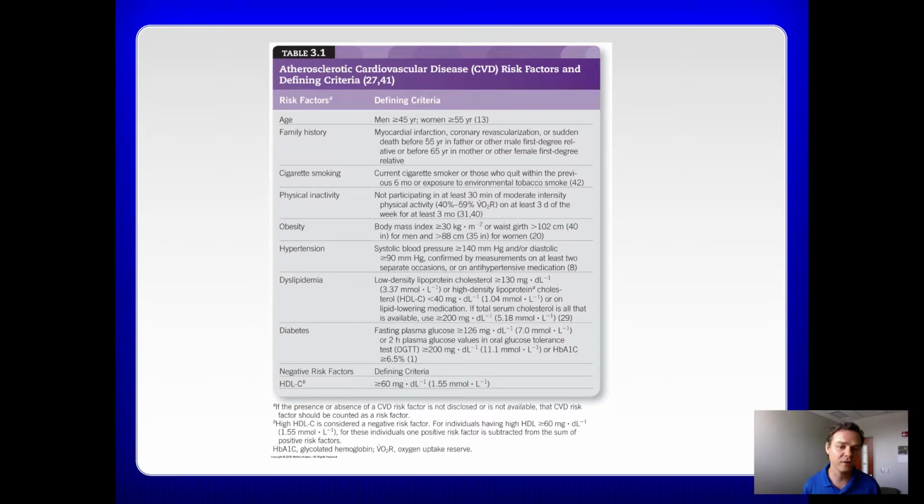Cigarette smoking, they don't really assess how much you've been smoking, just whether or not you've had exposure in the past 6 months. So if you quit a year ago, then you do not have the risk factor anymore. They don't assess whether it's a half a pack a day or 3 packs a day, though I don't know who could afford 3 packs a day anymore. But regardless, the criteria is, have you quit 6 months ago or not?